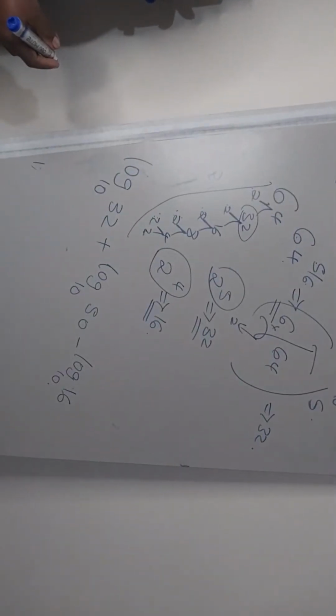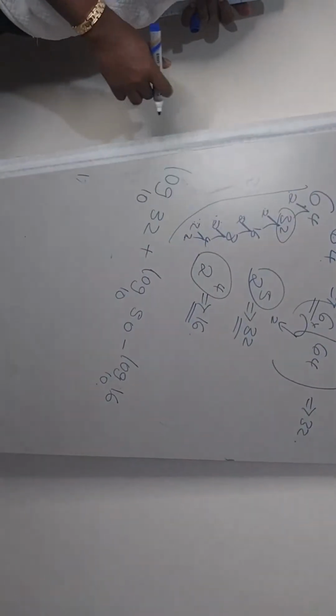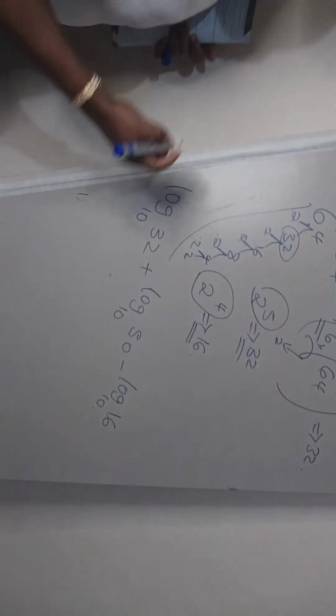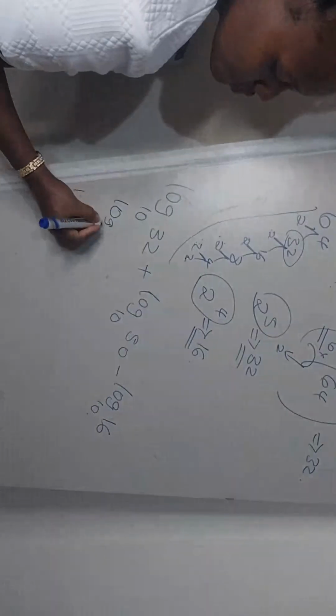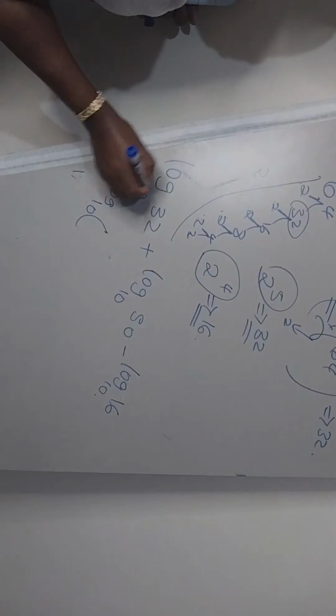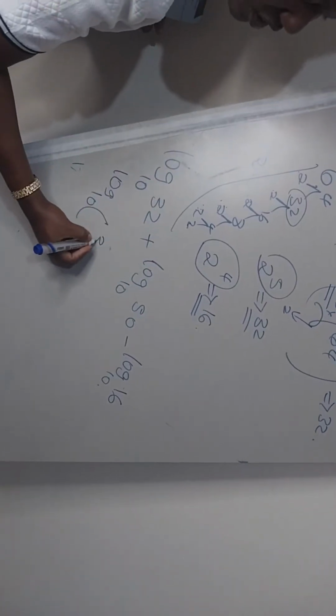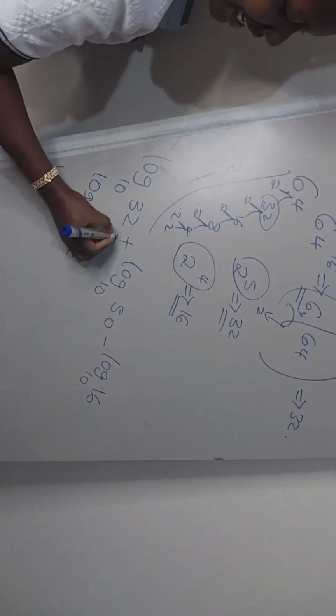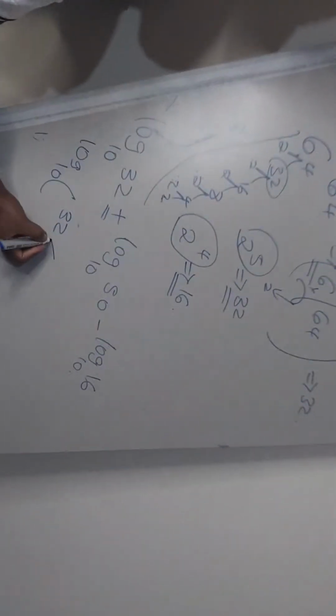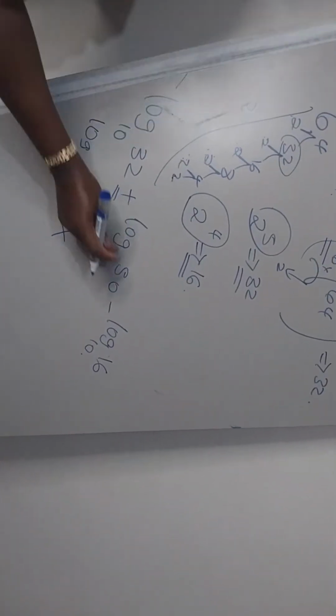All the numbers have a similar base, so we can choose to remove the log to base 10. After removing log to base 10 here, we have remained with 32. Now, a sign comes here. Plus will be representing multiplication.